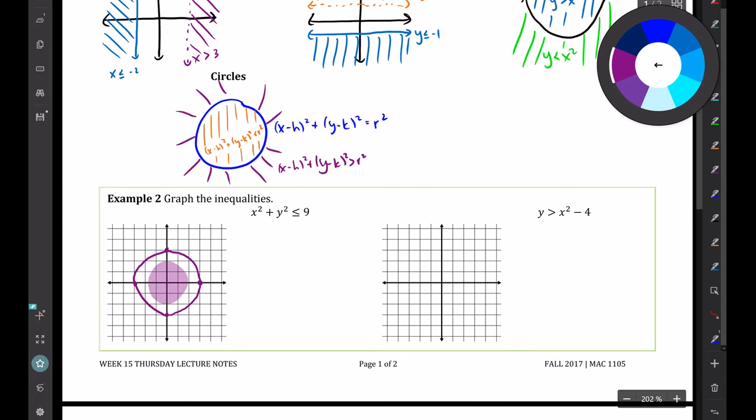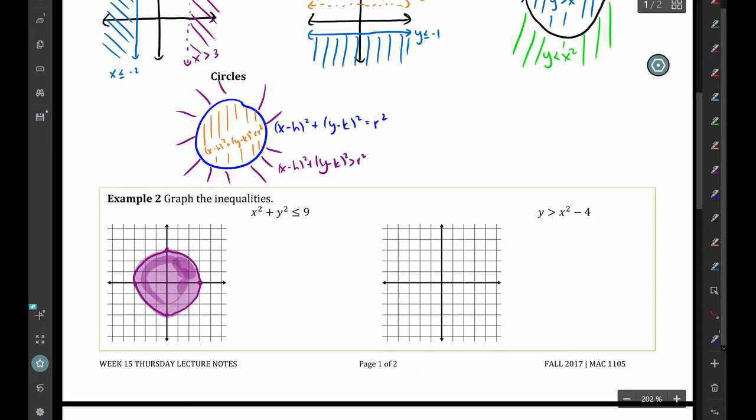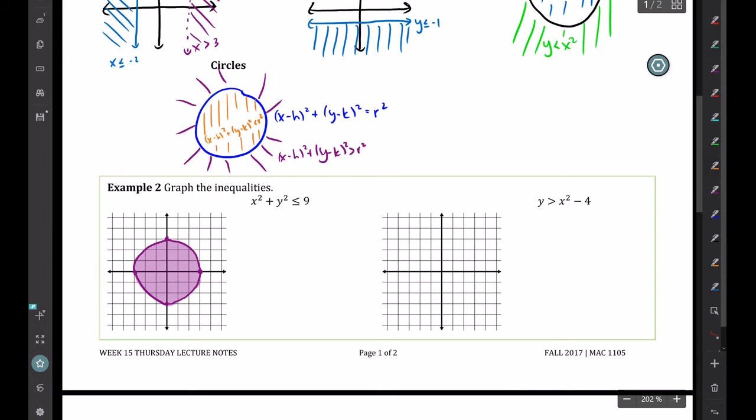Okay, so I shade all the points inside of there. Okay, so that's the solution to this inequality there.